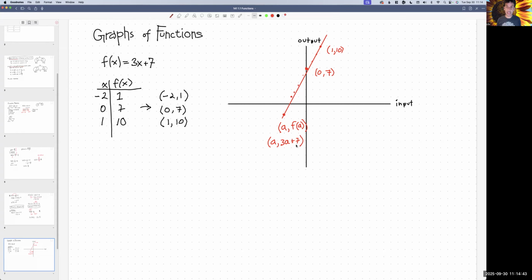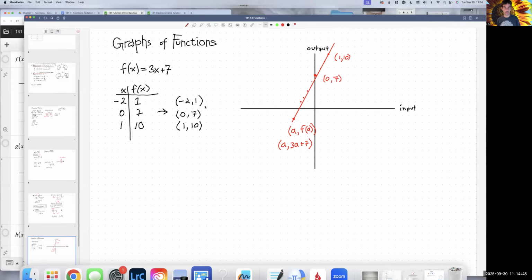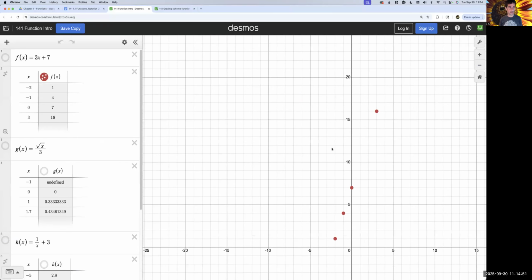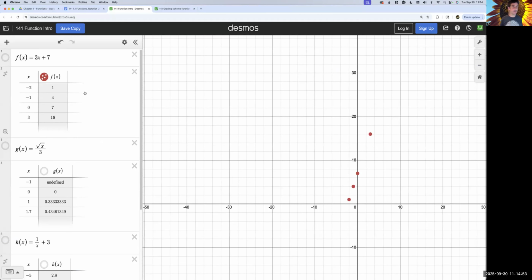Let's take a look at a nicer picture of this. So here is the same function. We're looking at f of x is equal to 3x plus 7. These 4 points graphed are some of the same points I just did, and a couple other ones, right?